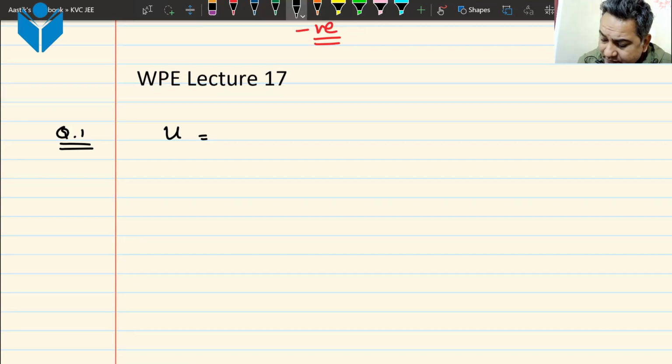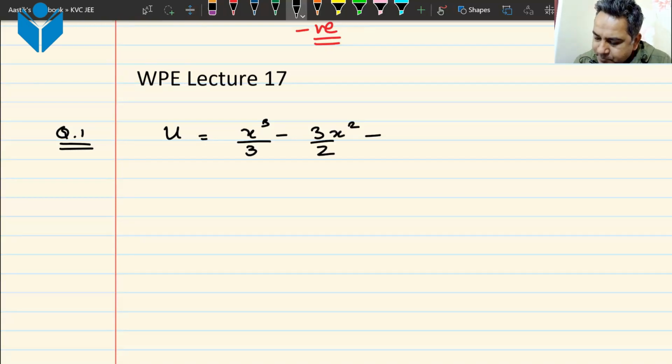The energy function is given by x cubed by 3 minus 3x squared by 2 plus 2x plus 3.